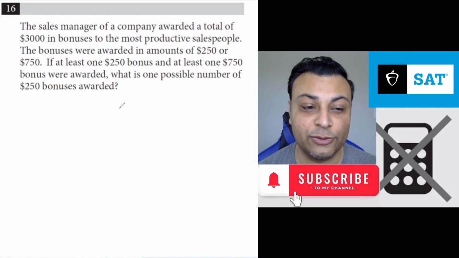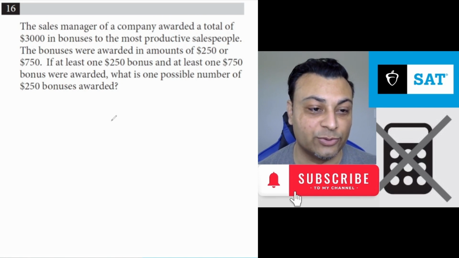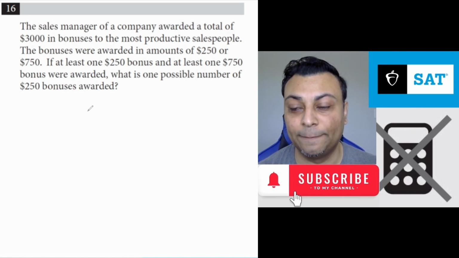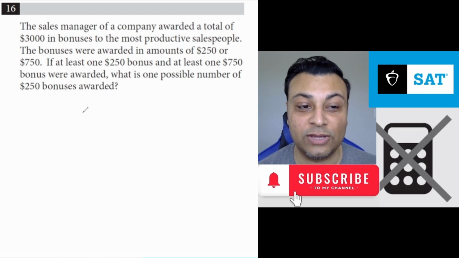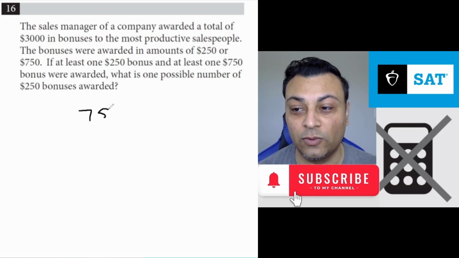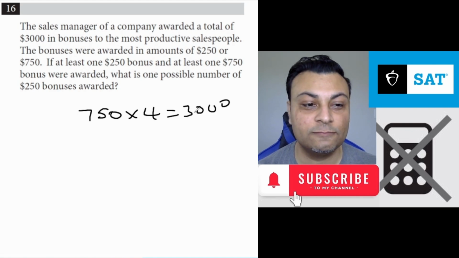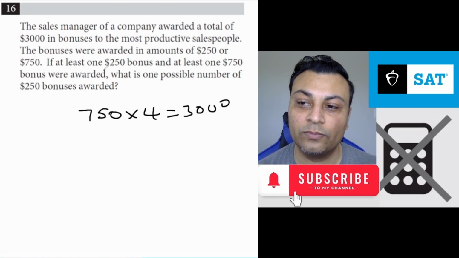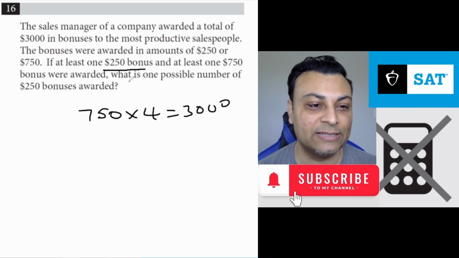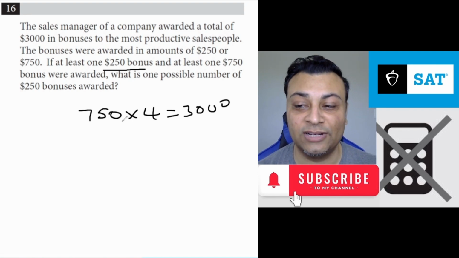Now, to make 3,000, you can do it in various ways. One way that you cannot do it would be 750 times 4. That is 3,000. However, they said that they gave out at least one $250 bonus.